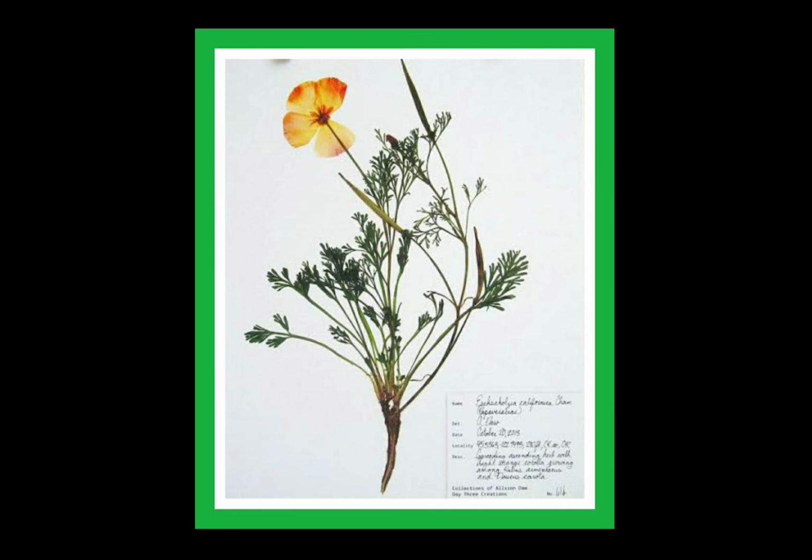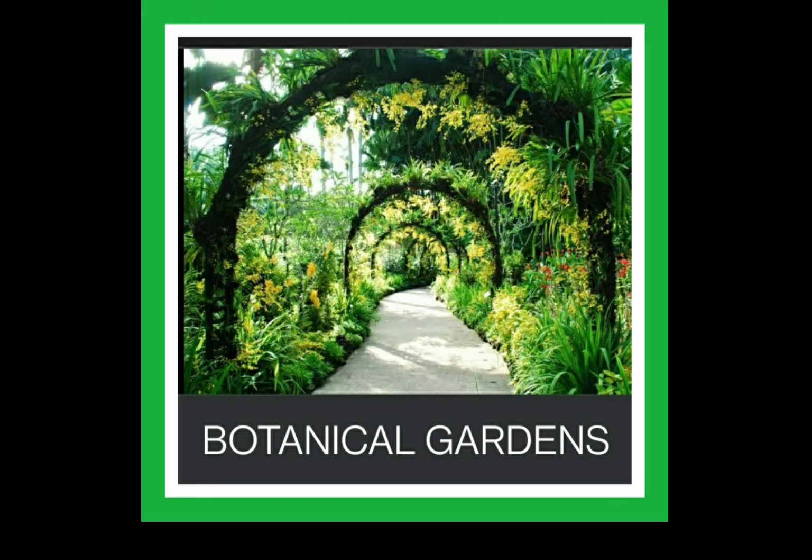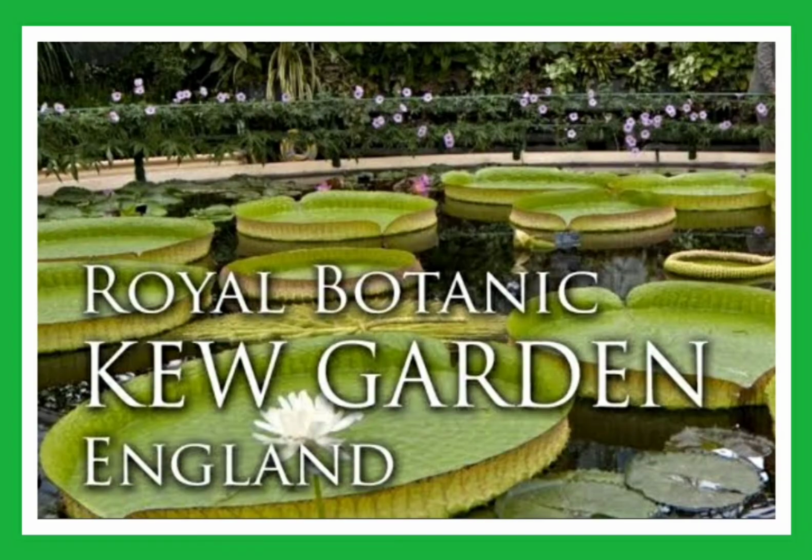The next taxonomic aid is botanical gardens. Botanical gardens are the collection of living plants for reference purposes. Here the plants are labeled with their local name, scientific name, and their families. The largest botanical garden in the world is the Royal Botanical Garden at Kew, England.